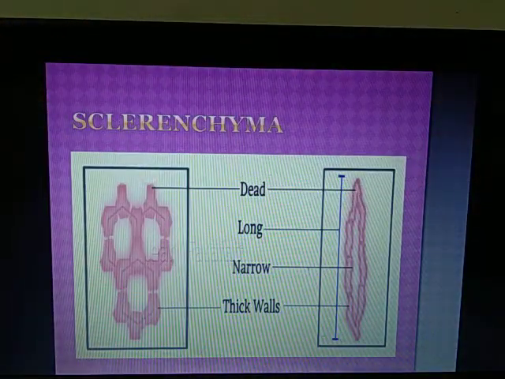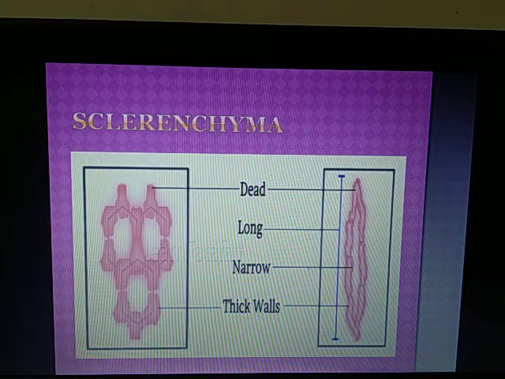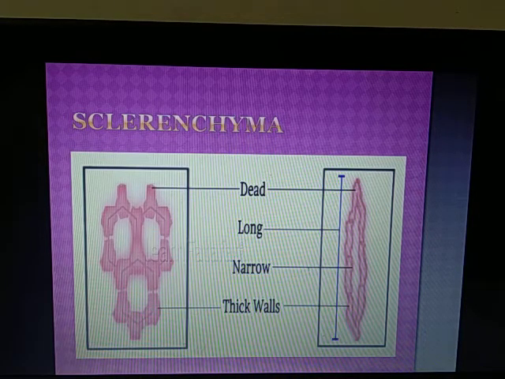The locations where you find it are the hard covering of the seed, jute, hemp, wood fibers and the husk of coconut, as I showed you. Now what is the function? The function of sclerenchyma cells is to support the plant parts, and it also makes the plant parts hard and stiff.